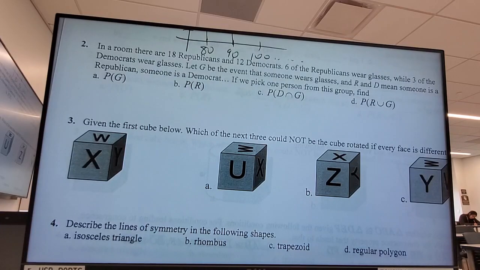What do you guys think about number 3? That's sort of a spatial reasoning problem. How would A work? Look at the original picture. What would have to be true?